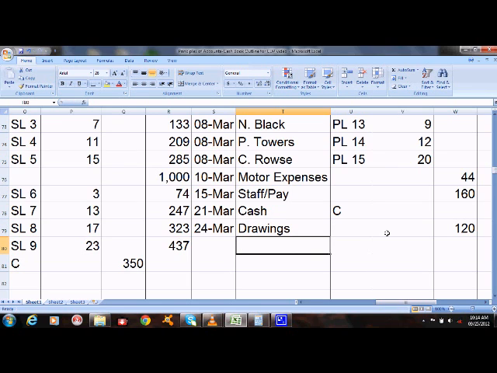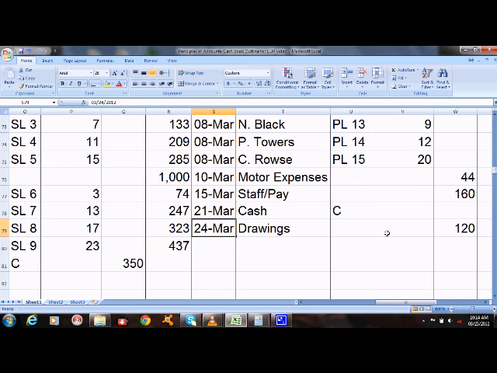March 25, paid T buyers his account of $140 by cash, $133, having deducted $7 cash discount. In this case, this is saying that we paid T buyers his account of $140, and he gave us a $7 cash discount, so we only paid $133.